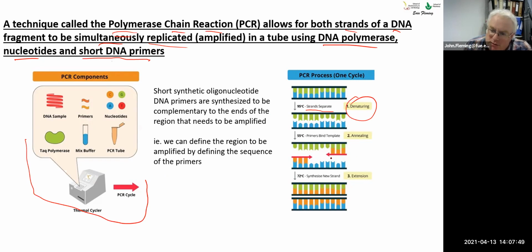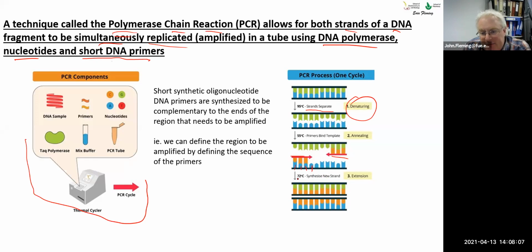Then primers, which are complementary to specific nucleotide sequences, go in and bind very specifically to the complementary nucleic acid sequence in a target fragment of DNA.